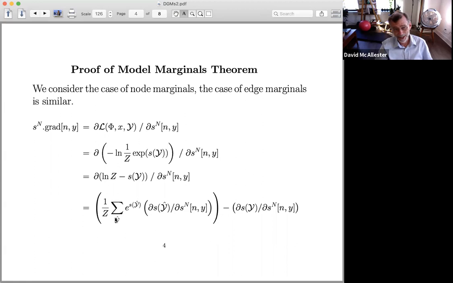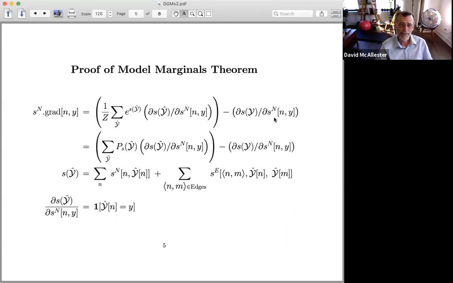The derivative of z is a sum over the global labelings y hat of the exponential, so I'm differentiating this with respect to this tensor entry. That's just the sum of the exponential times the derivative of the score of y hat. We also have here the derivative of the gold score with respect to this model parameter.